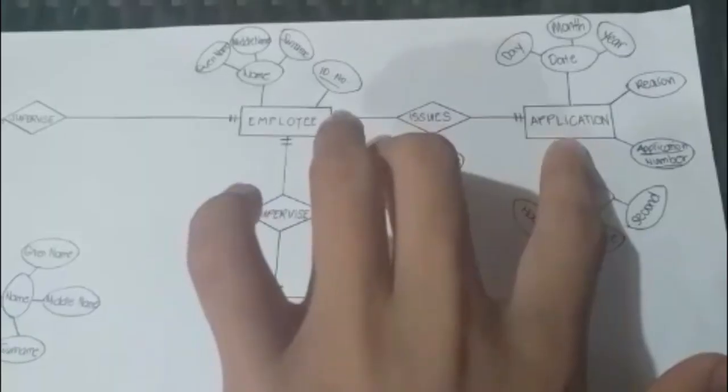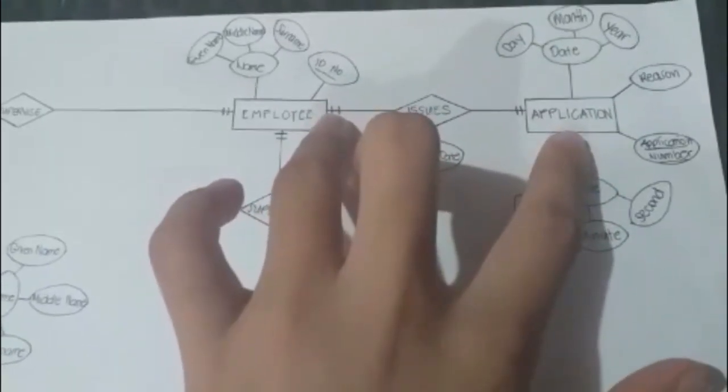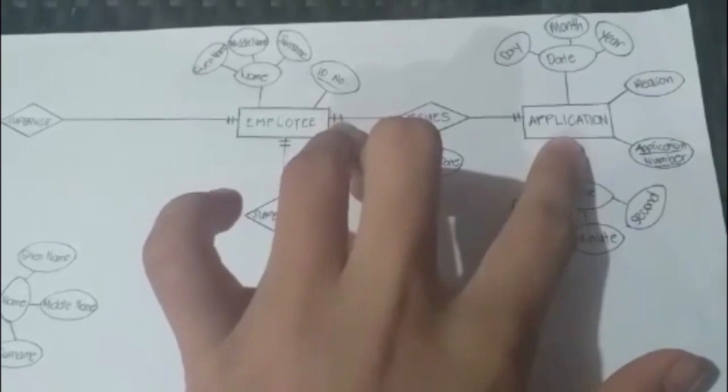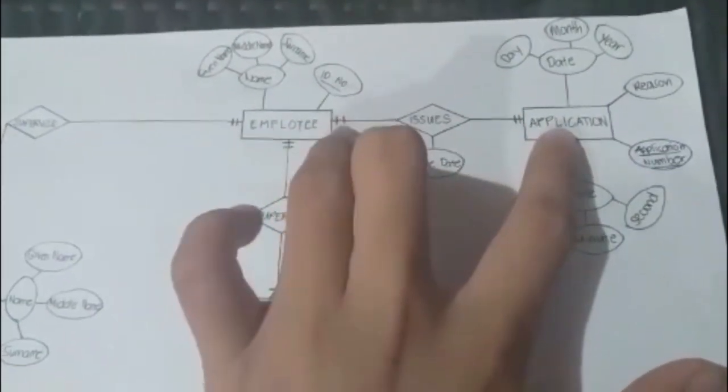Actually, I want to reiterate that part, which I actually mean how many employees can an application accommodate for a transaction? One and only one. So that's why the cardinality of these entities, employee and application, is one and only one.